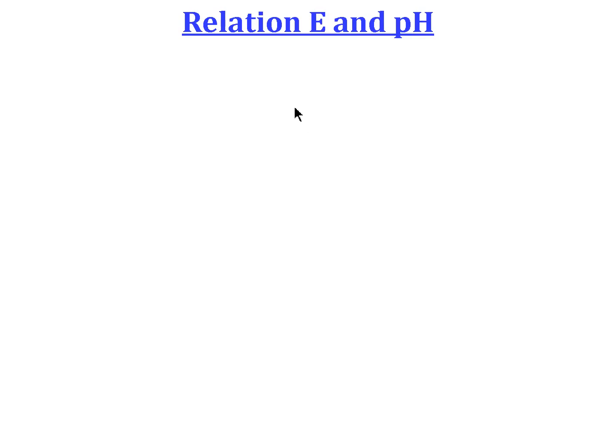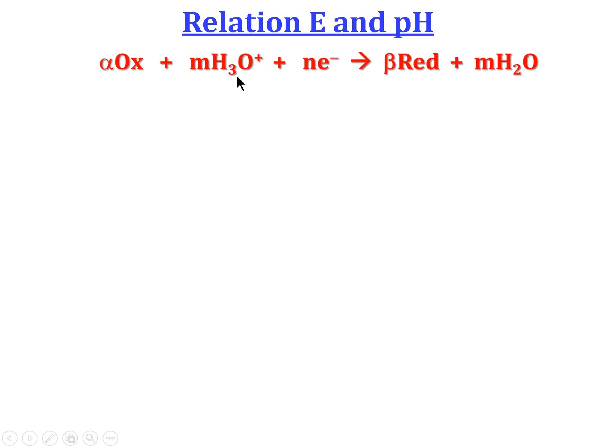Relation between E and pH. Consider a couple ox-red where the potential of this couple is affected by the concentration of H3O+. In other words, consider a couple ox-red containing oxygen. According to the Nernst equation, E ox-red equals E0 ox-red plus 0.0592 divided by n log the ox and all components divided by the red.